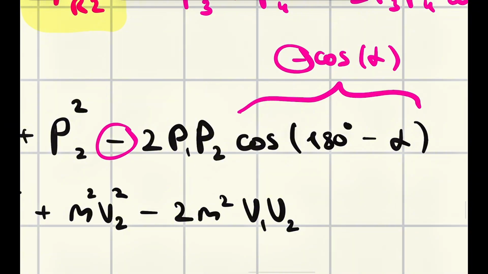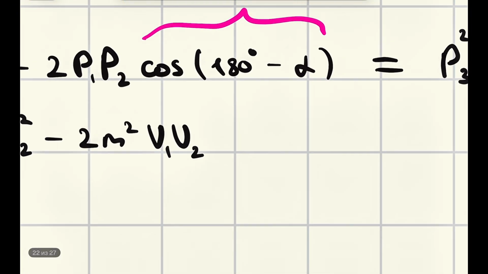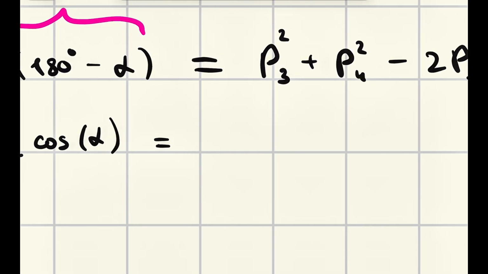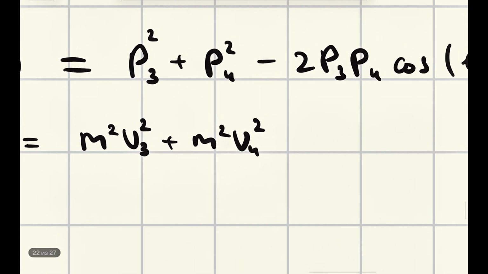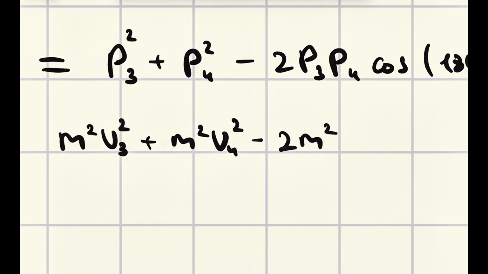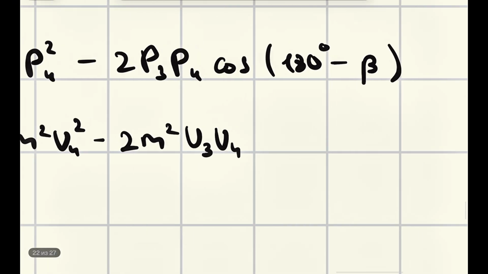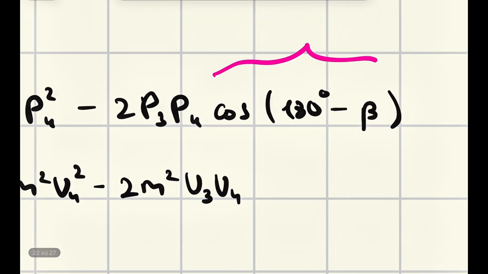And as you can see, minus here, it would be plus, that's why I can write here plus cosine alpha. Good. On this side, we would have the very same thing, m squared v3 squared plus m squared v4 squared minus 2m squared v3 v4 cosine of 180 minus beta, which again gives us minus cosine beta in this case.